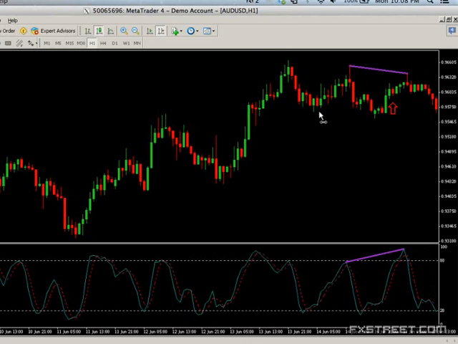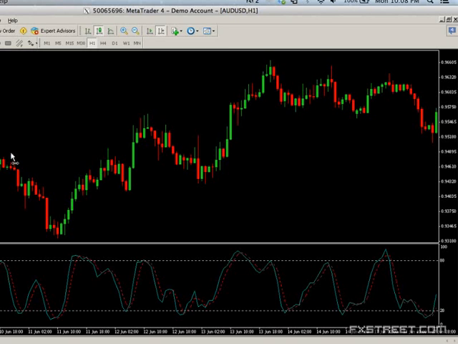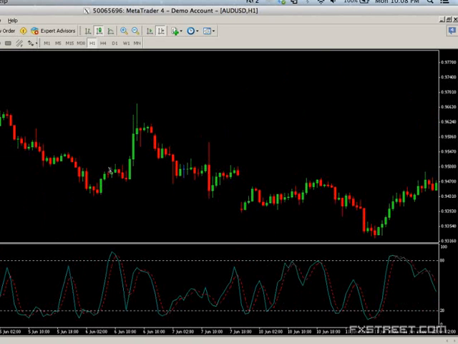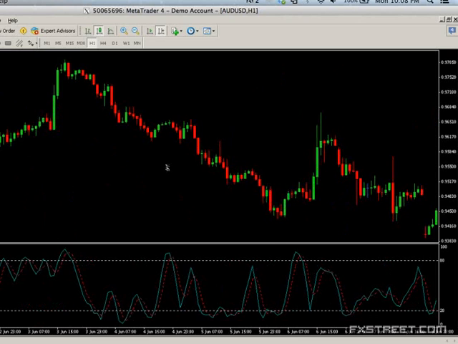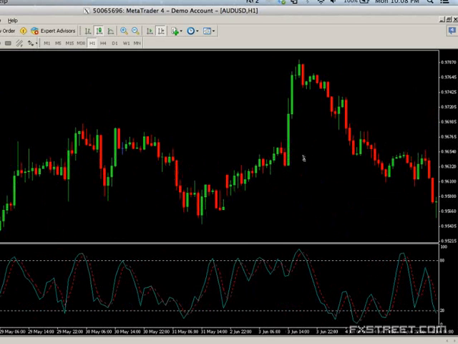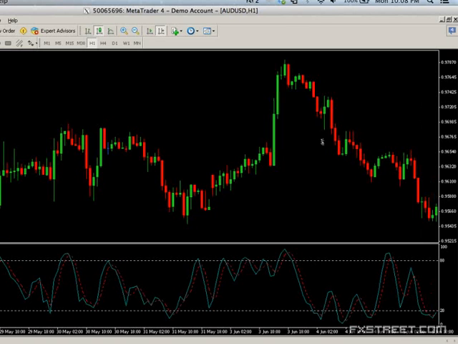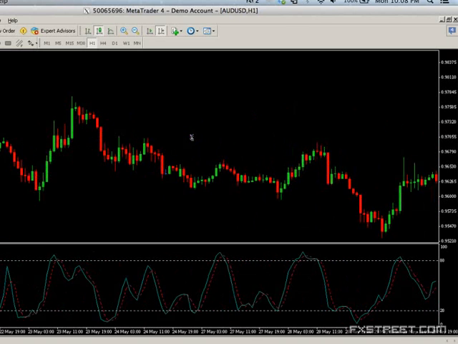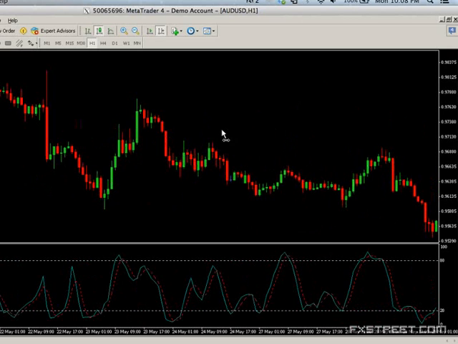So let's take a look at this entire scenario for a different example. Okay, that was a high going lower, and let's look for a low going higher. Let's see if I can spot one for you.